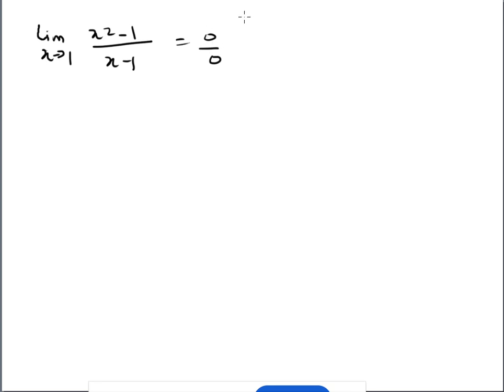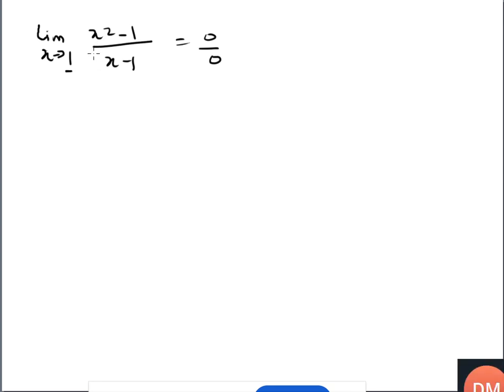This is undefined, and 0 on 0 is not equal to 0. We would be treating all undefined forms in other lectures, but this is basically an undefined value. So we know that in the graph of x squared minus 1 on x minus 1, we get an undefined value at x equal to 1.